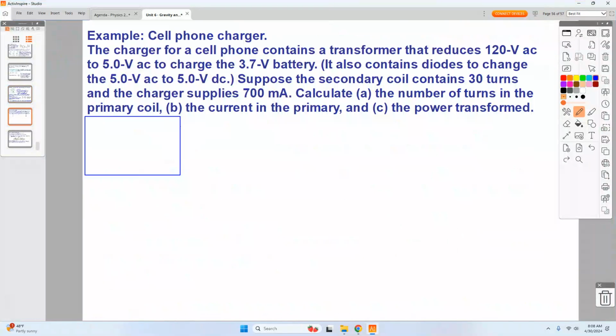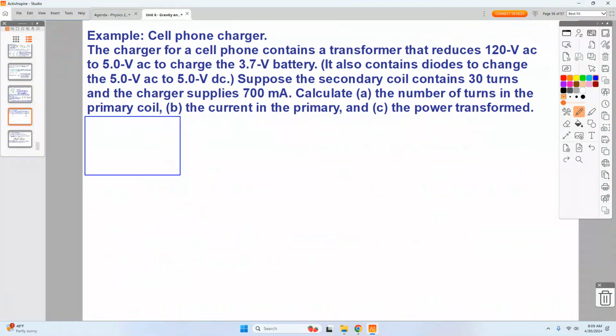Now, I want to show you guys, when you plug in your cell phone charger, you plug it into a wall outlet, correct? 120 volts. You are not going to apply 120 volt charging voltage to your cell phone. That would fry the component.